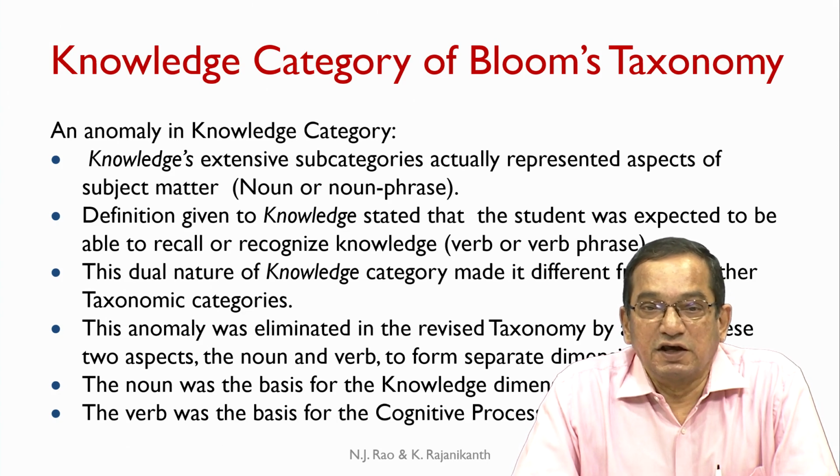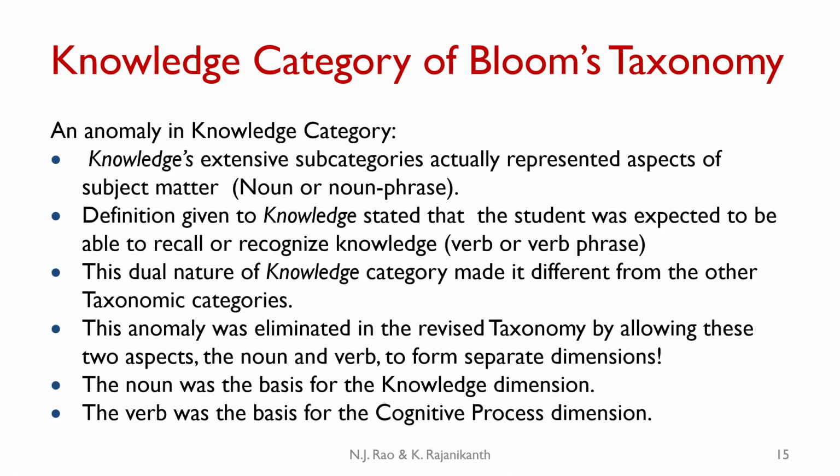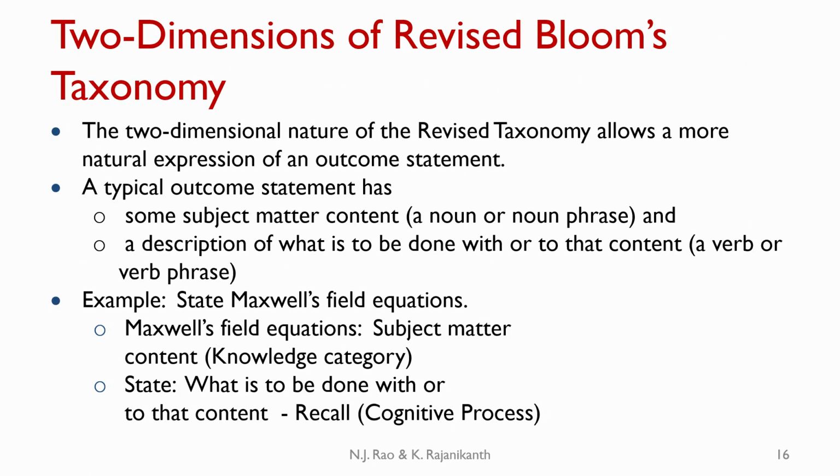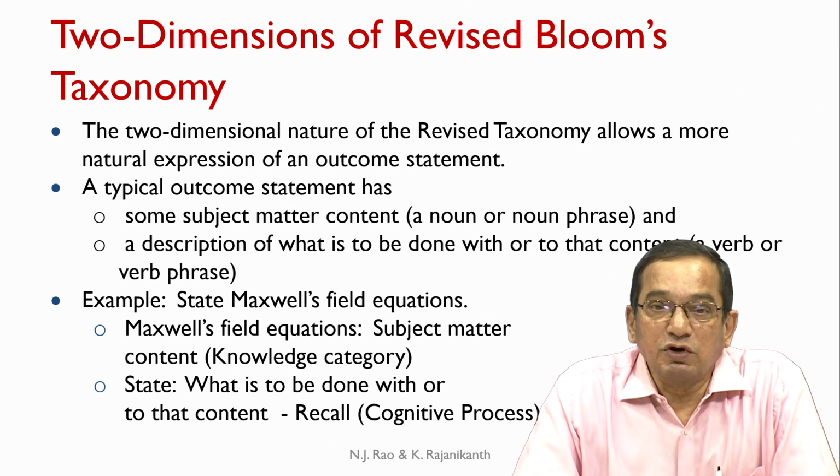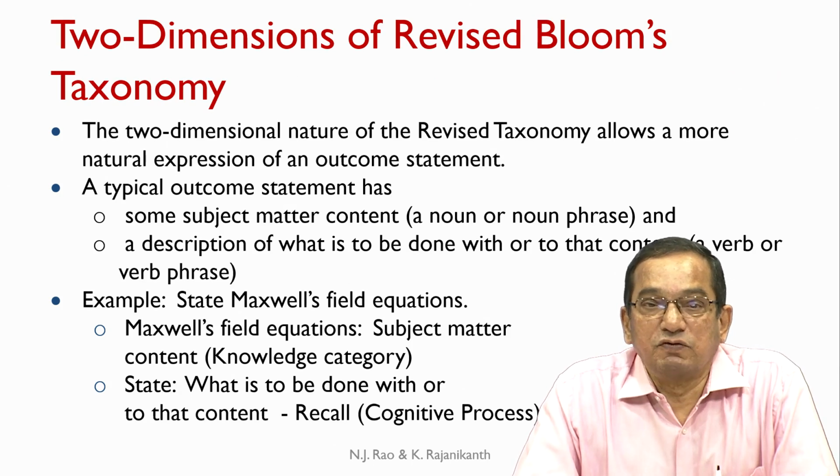Thus, the anomaly was eliminated in the revised taxonomy by allowing these two aspects, the noun and the verb, to form separate dimensions. Thus, the revised Bloom's taxonomy is two-dimensional in nature. This allows a more natural expression of an outcome statement.